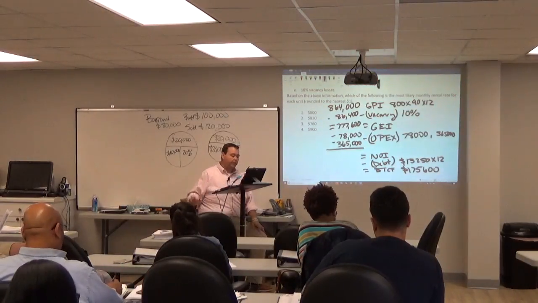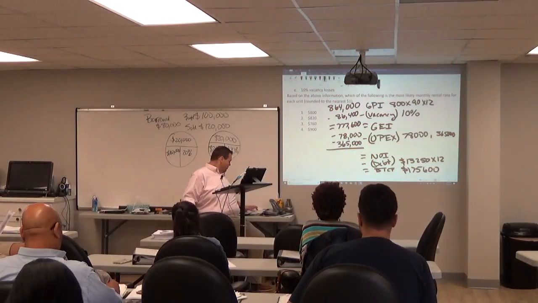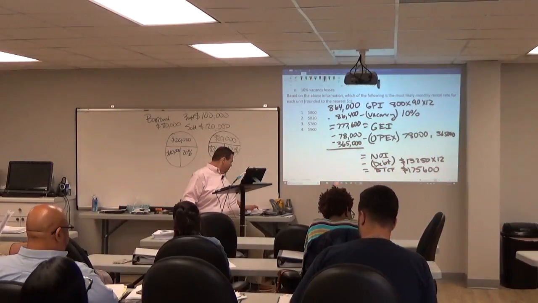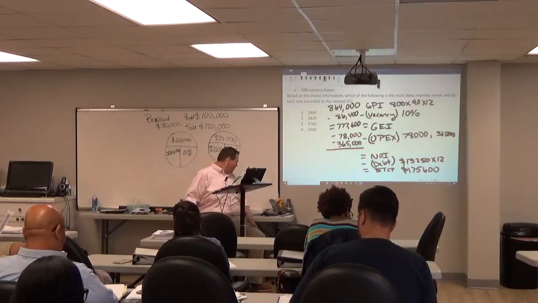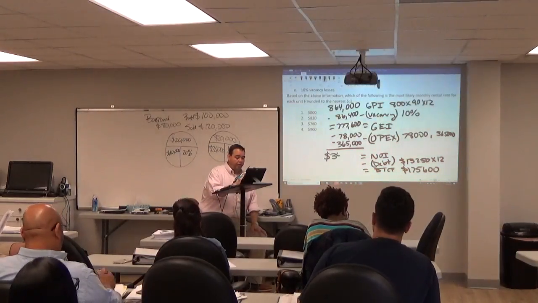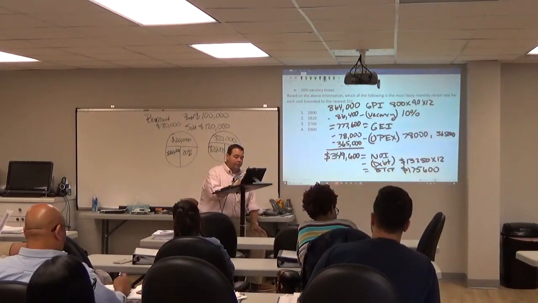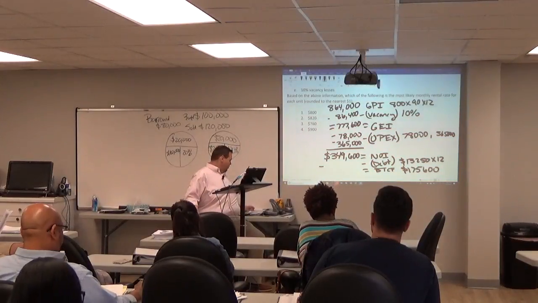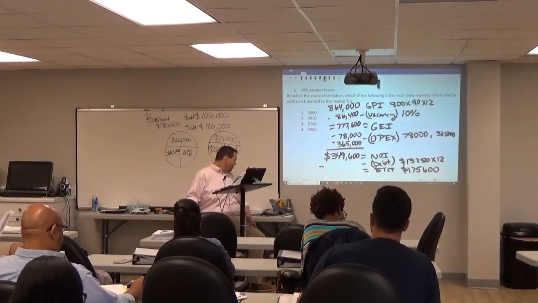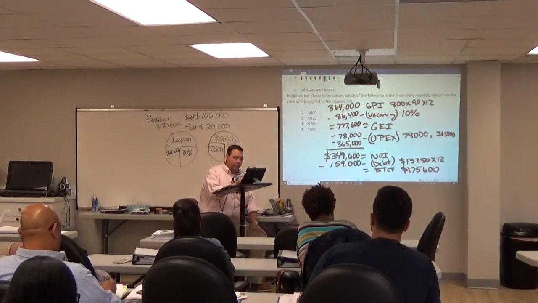And that gives us an NOI of $349,600. $349,600 for an NOI minus a debt service, which is $13,250 times 12, so that's $159,000 in debt service.